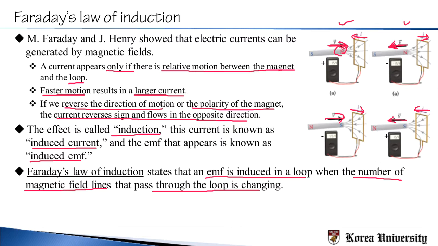But if you say EMF, it does not really need a wire. Even in the space or area where there is supposed to be a wire, something is already going on, and current simply means that there is a wire for the current to flow. So it is a more general statement to say that EMF is induced instead of saying the current is induced.